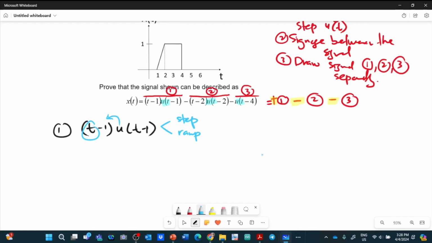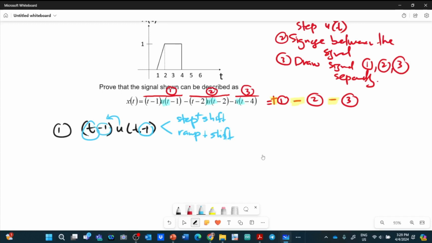Memang kurungan dalam tu ada t, tapi depan kurungan tu tak ada apa-apa. Tak ada U ke apa kan. So, t minus 1. So, you know that the step ni adalah step dengan shifting, and ramp juga ada shifting. Okay? Kenapa ada shifting? Sebab ada t minus 1. Dan ramp ni ada shifting sebab ada t minus 1.